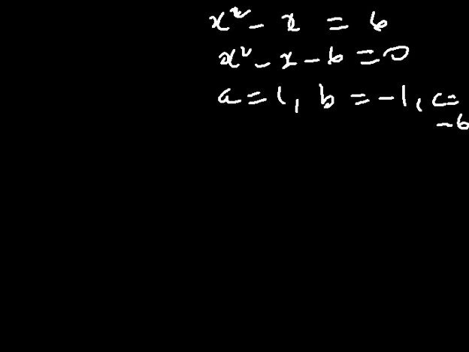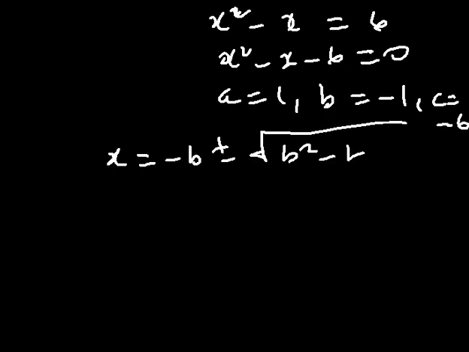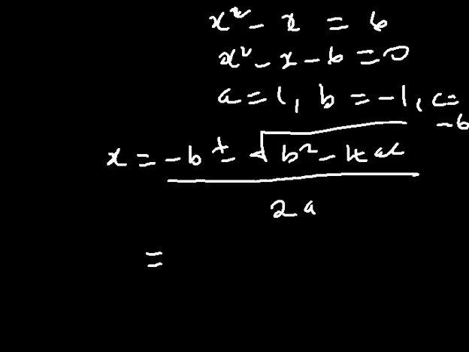So this method does not necessarily require that a should be positive 1. We can have it as any other value. The quadratic formula is given as negative b plus or minus square root of b squared minus 4ac, overall divided by 2a. Now for this case, what is b?